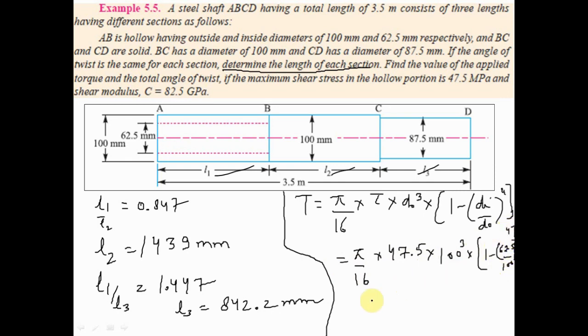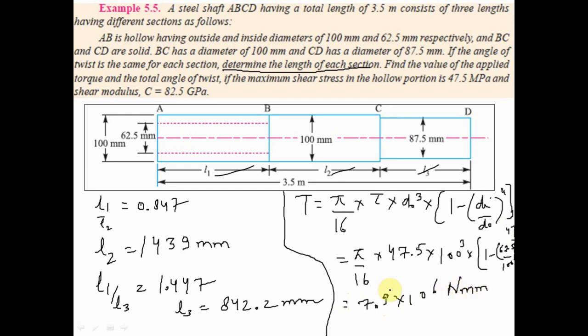If you calculate this, you will get 7.9 multiplied by 10 to the power 6. The units will be Newton millimeters.